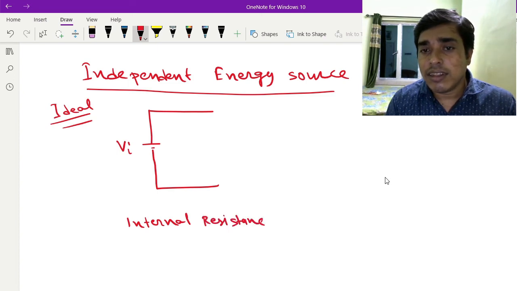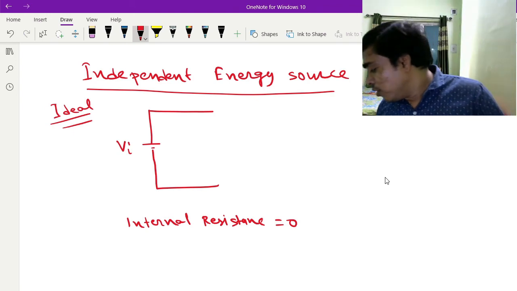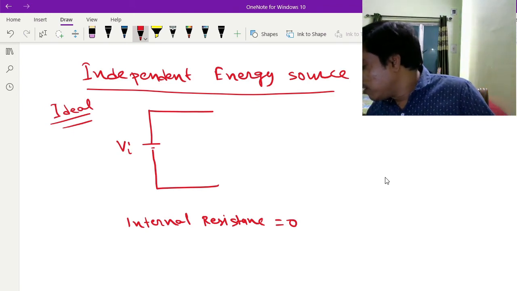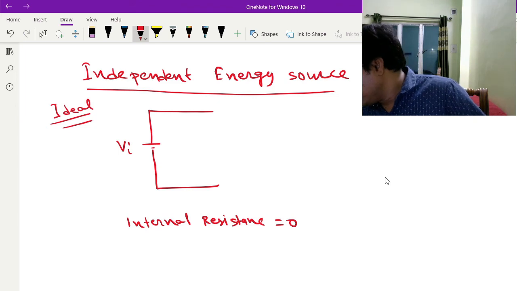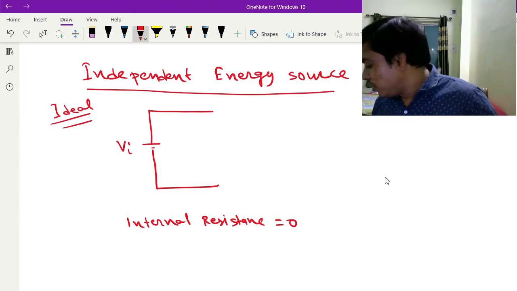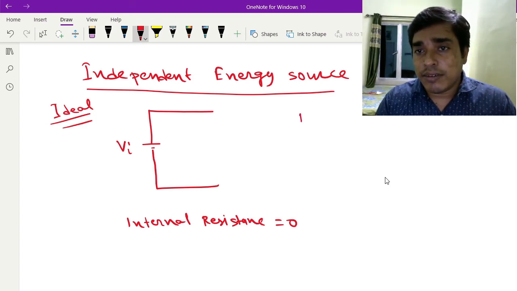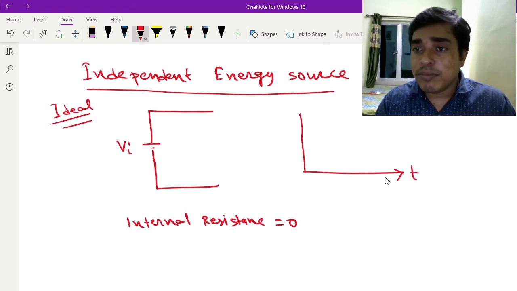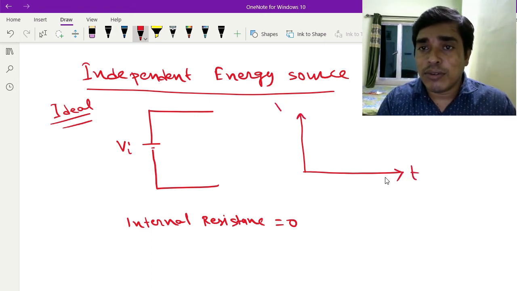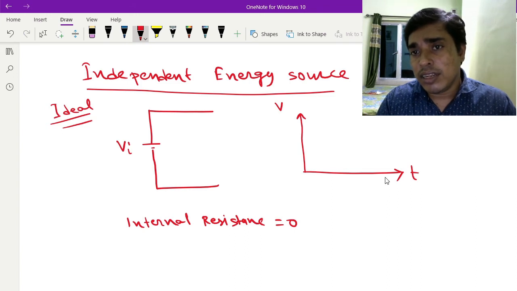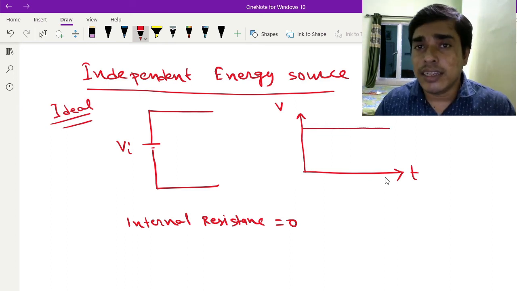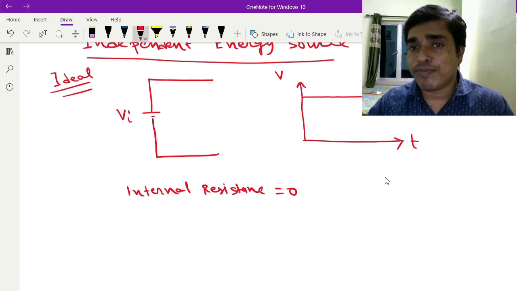If I draw time versus voltage, it delivers the same voltage through a long time for an ideal independent energy source.